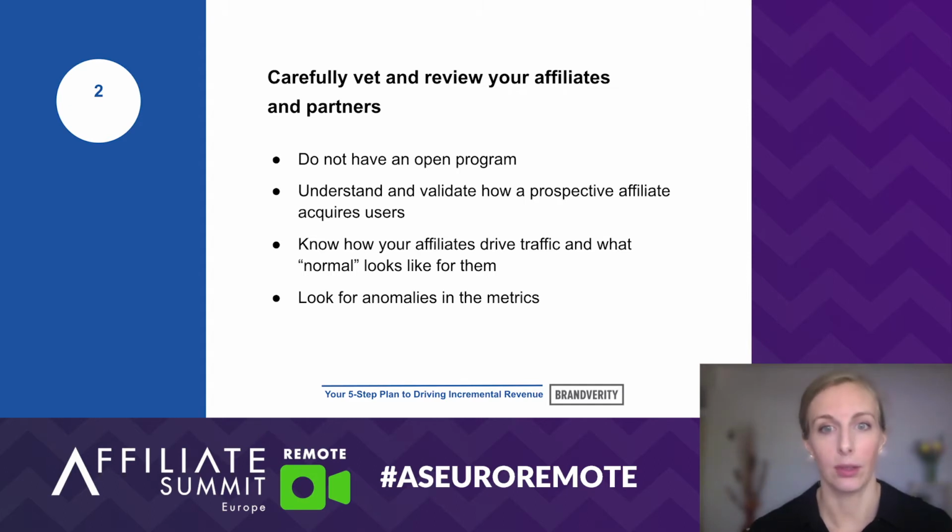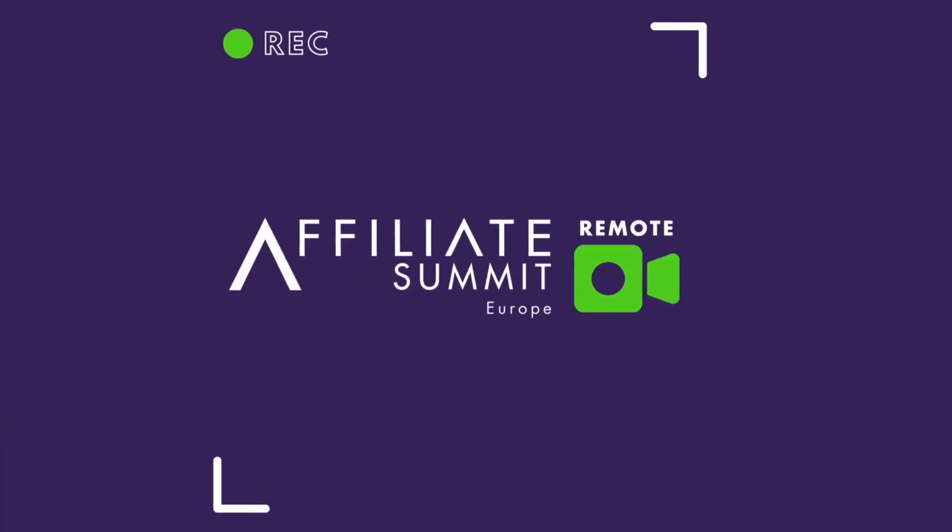Another important thing with this is to set baselines and understand what normal looks like for your affiliate. So understand what their typical conversion rate is, how much traffic they typically drive. And what that allows is for you to look for anomalies in the metrics. So if affiliates suddenly have a spike in conversion rates or they're driving significantly more traffic than usual, all of that is great because you can see something's different here.